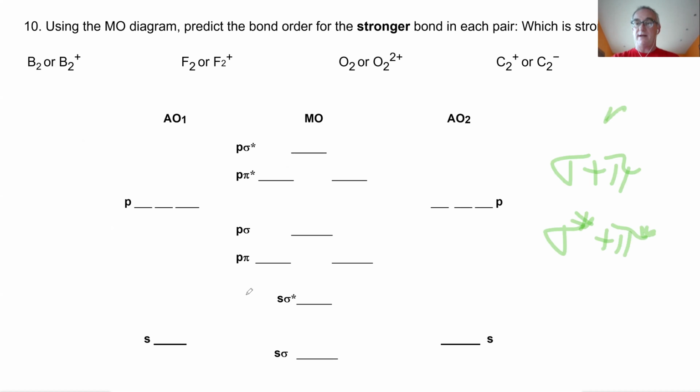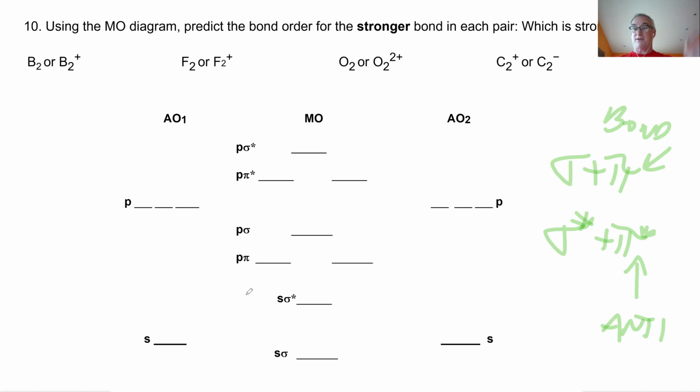So these are the bonding electrons. Those are the good electrons. And these are the naughty electrons, the anti-bonding electrons. The bonding electrons have electron density between the two atoms, and the anti-bonding orbitals have electron density away from the two atoms. So they don't bond.